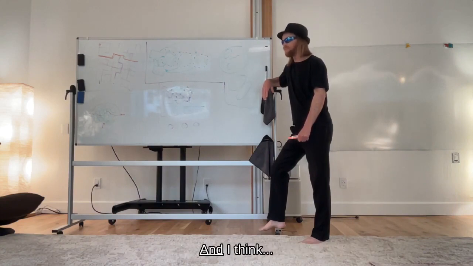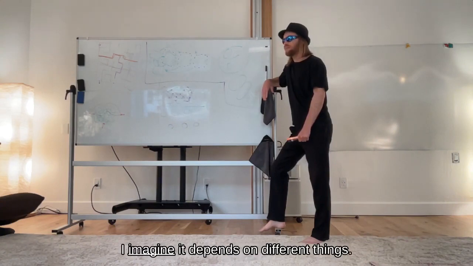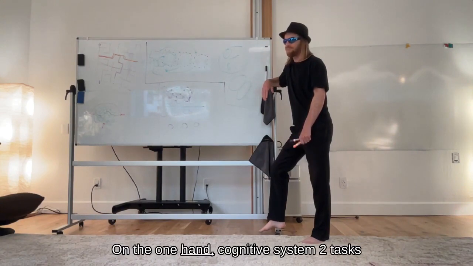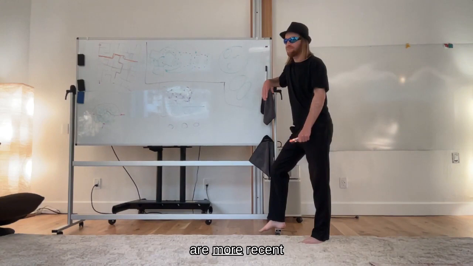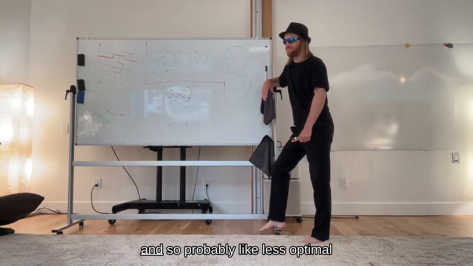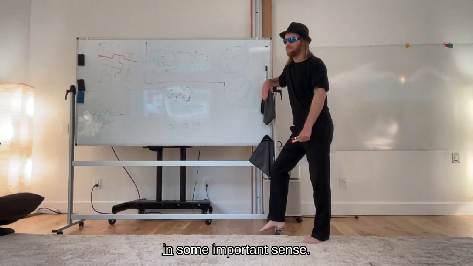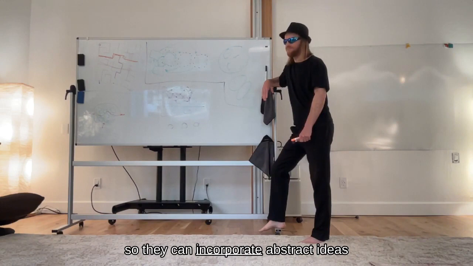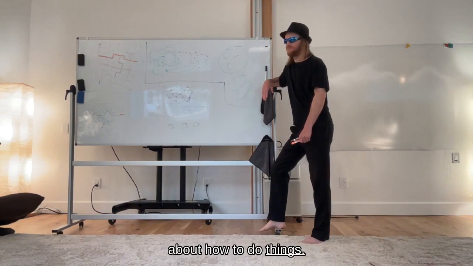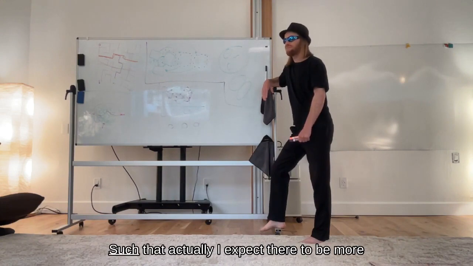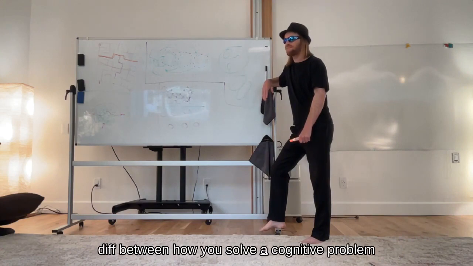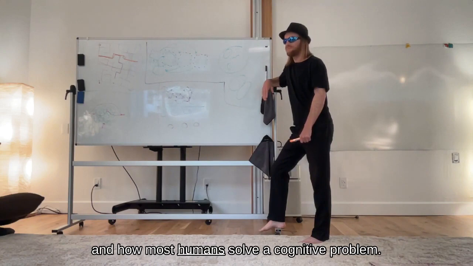Yeah. And I imagine it depends on different things. Probably, yeah. On the one hand, cognitive system 2 tasks are more recent, and so probably less optimal in some important sense. On the other hand, they're more reflective, so they can incorporate abstract ideas about how to do things, such that I actually expect there to be more difference between how you solve a cognitive problem and how most humans solve a cognitive problem.